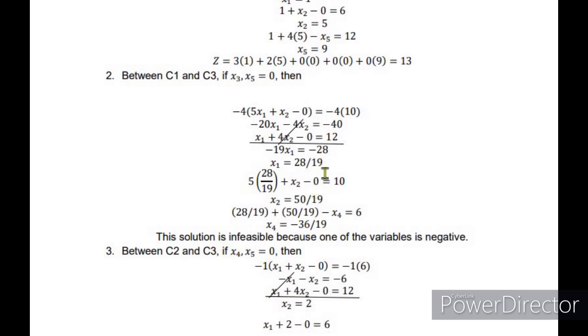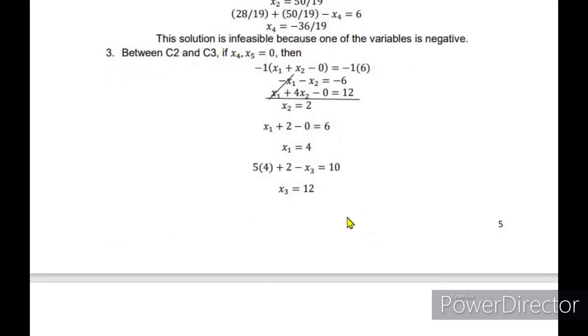Next, we just substitute the two values, the x sub 1 value and the x sub 2 value, to the second constraint. So this is x sub 1, this is x sub 2. So we get the value for x sub 4 is negative 36 over 19. So the solution is infeasible because one of the variables is negative, which is x sub 4. So we will not compute for z.